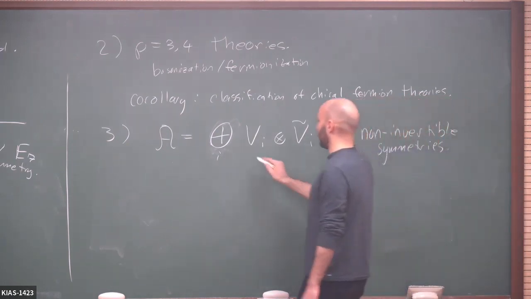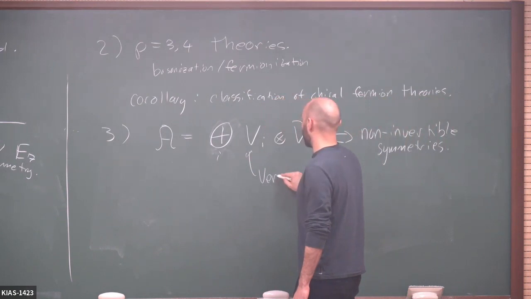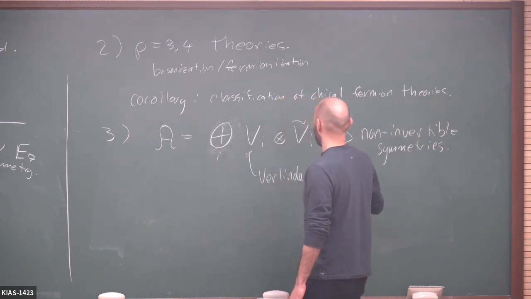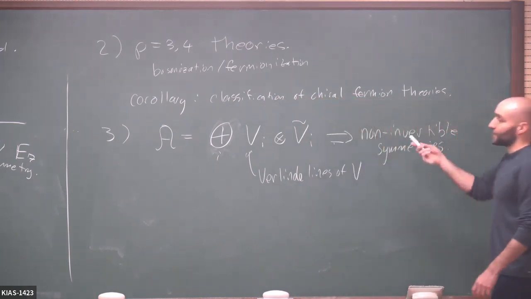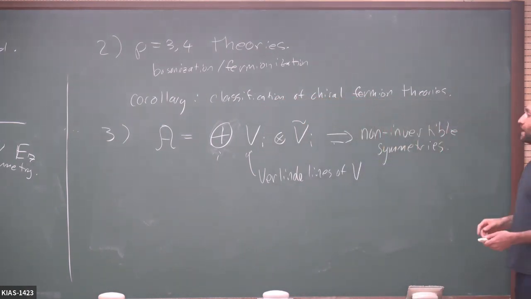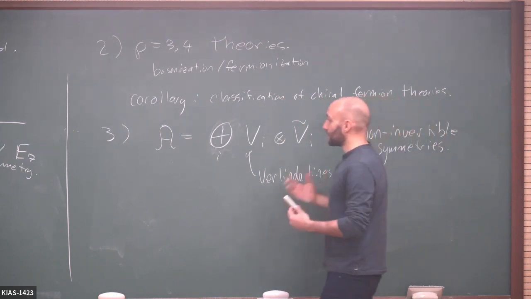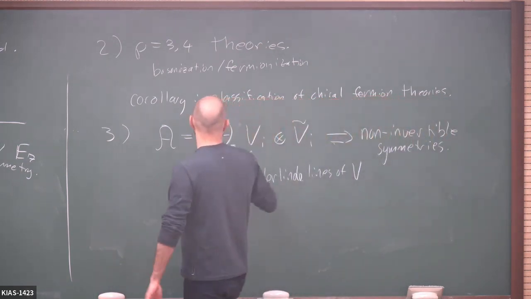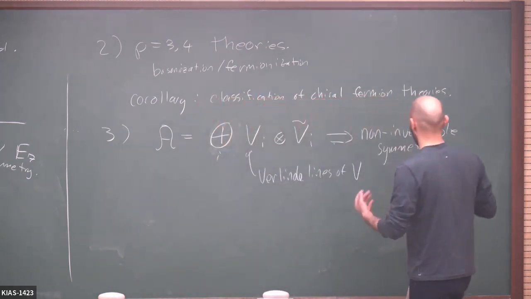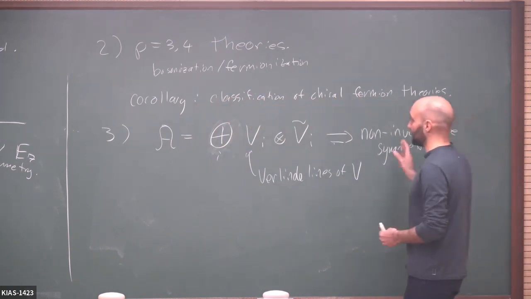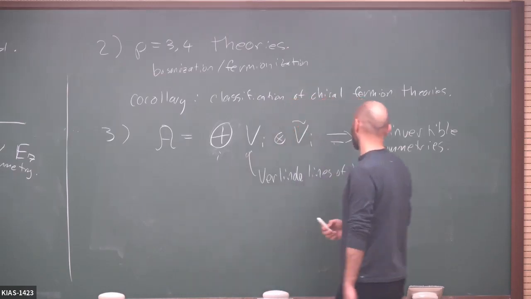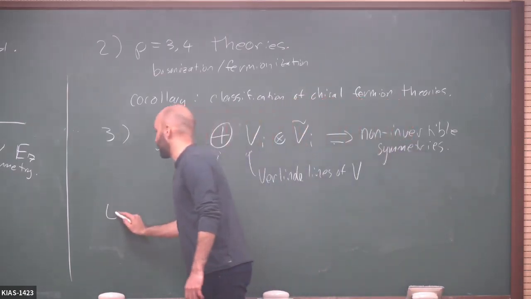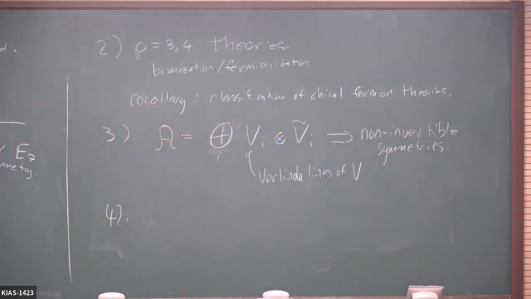In particular, the Verlinde lines of V will act on A by global symmetries. So a corollary of our classification program is an enumeration of the different kinds of non-invertible symmetries that various meromorphic theories have. And I'm writing about that a little later.